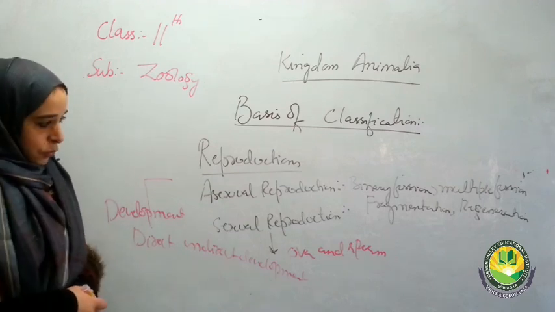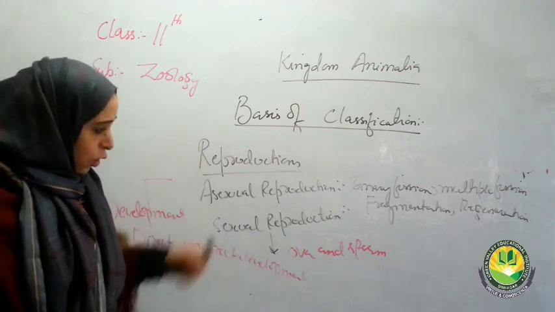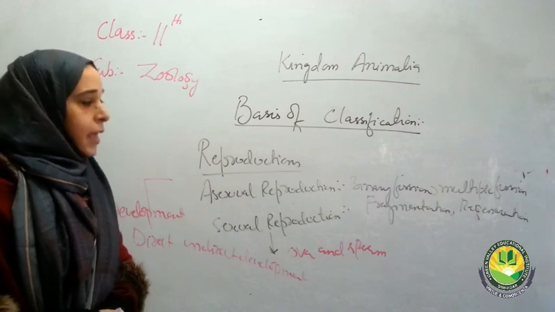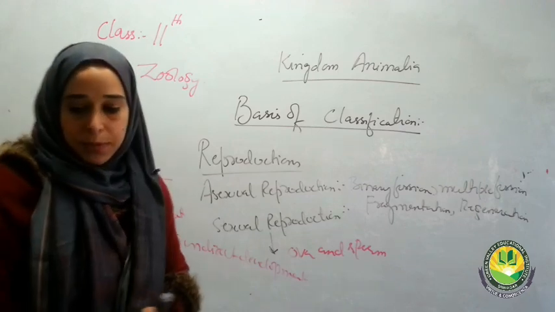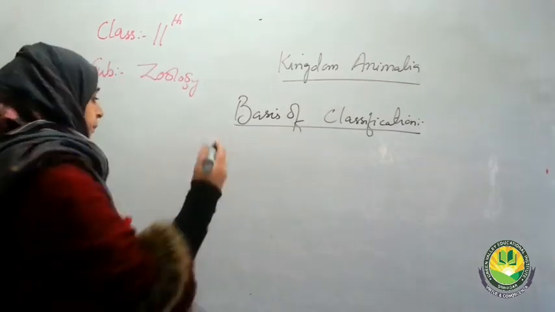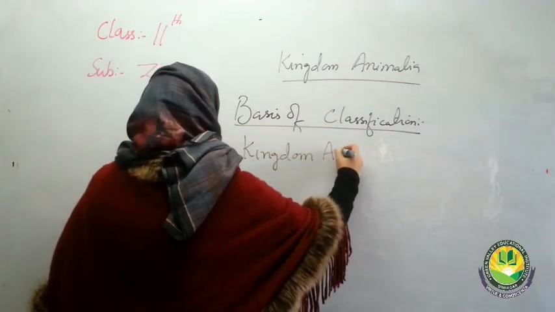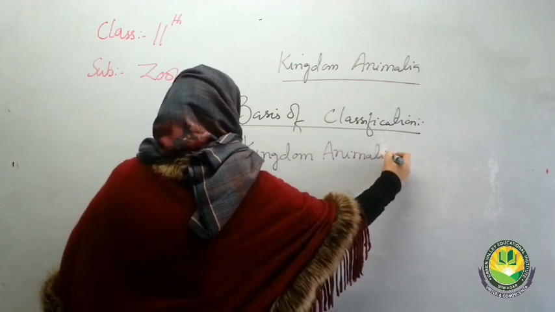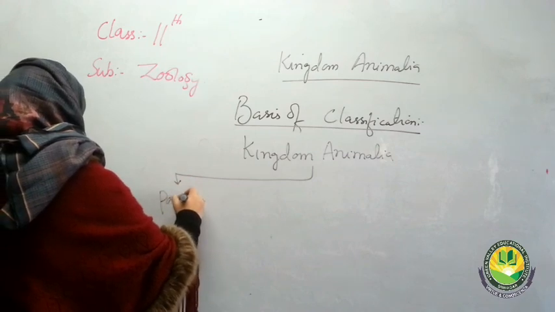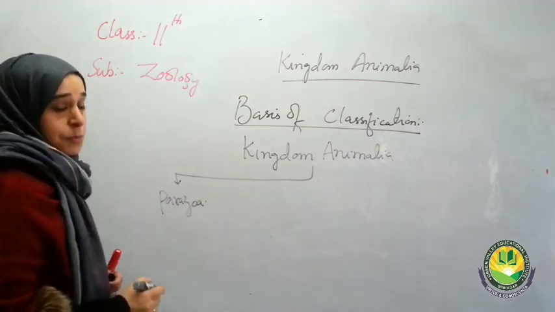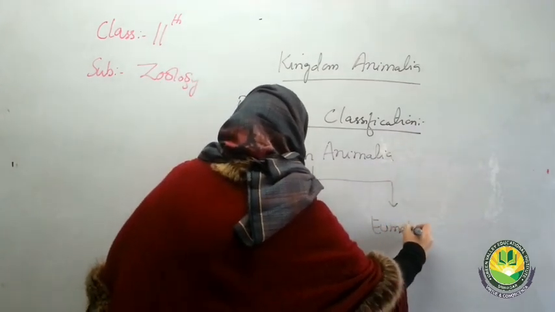Dear students, we have discussed the basis of classification of the kingdom Animalia. All these bases were taken into consideration, and kingdom Animalia was subdivided into two sub-kingdoms: the sub-kingdom Parazoa and the sub-kingdom Eumetazoa.